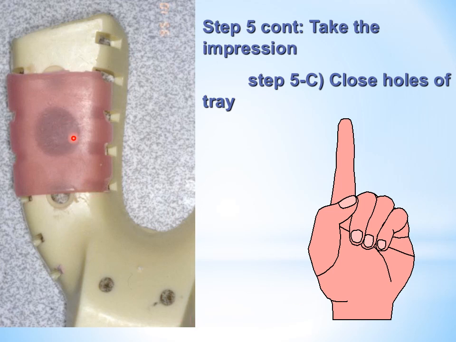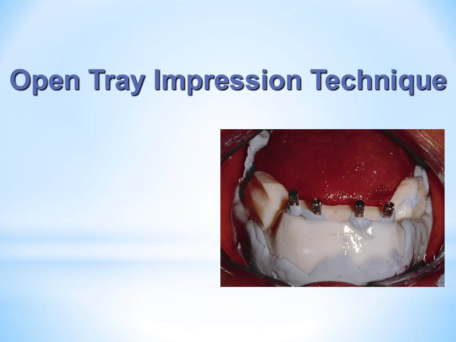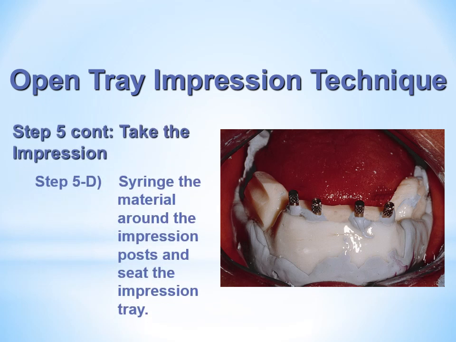Close the opening or holes in the tray posteriorly and take the impression by using the syringe type of the elastic impression material, putting the material around the impression post, and then adapt the tray.